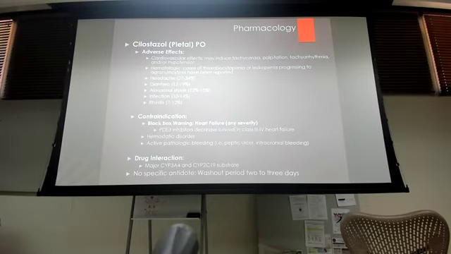Here are your side effects: headaches, diarrhea, arrhythmias. You can have some serious hematological changes like thrombocytopenia or leukopenia. If you have heart failure, you're not going to use it, so that's an absolute contraindication.